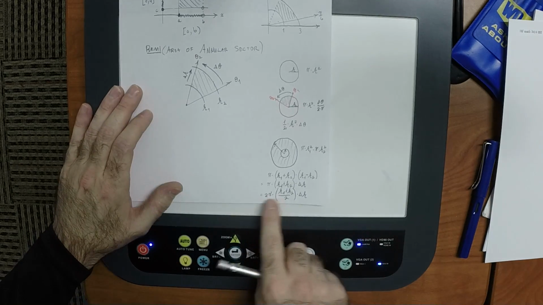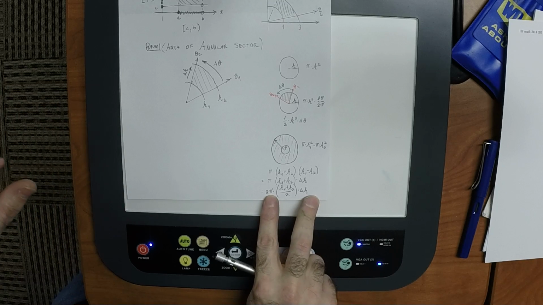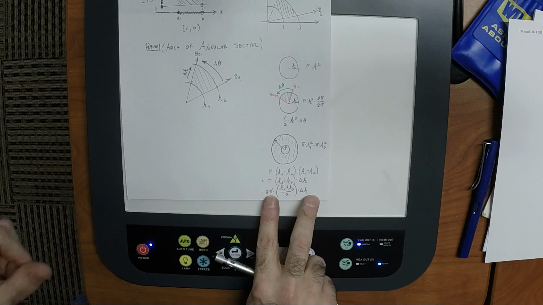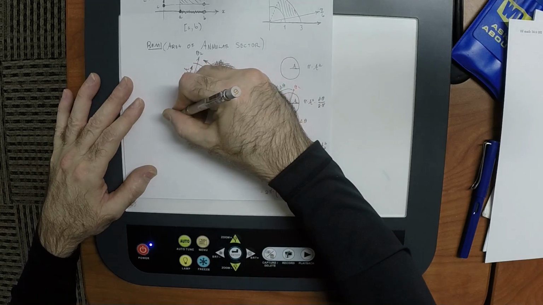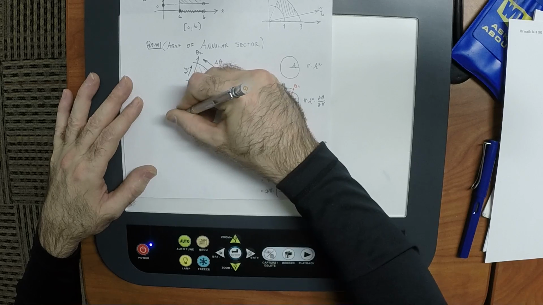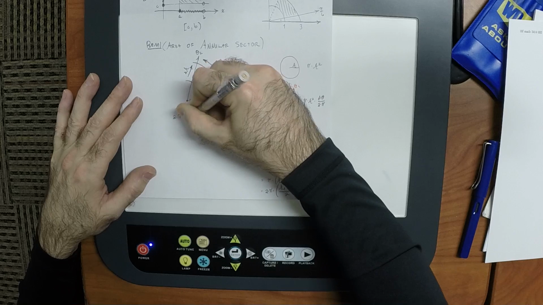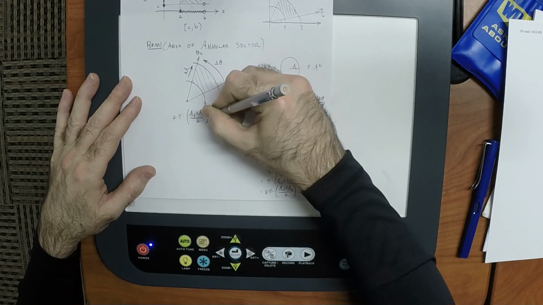So we want to take the area of the full annulus and then multiply it by the fraction that we actually traversed, right? So the area should be twice pi, the average radius, times the change in the radius.